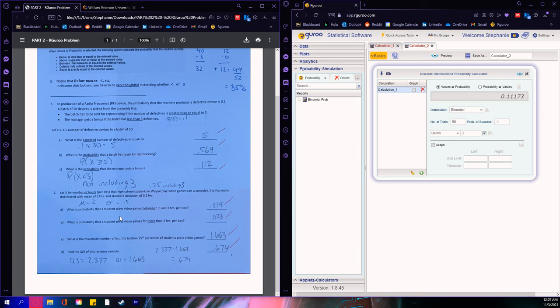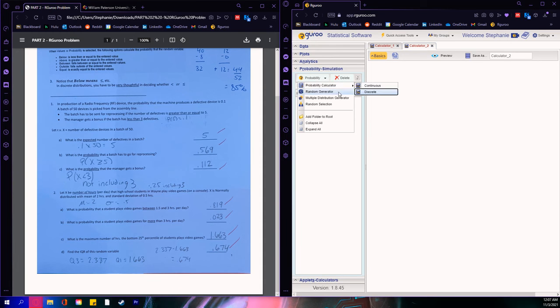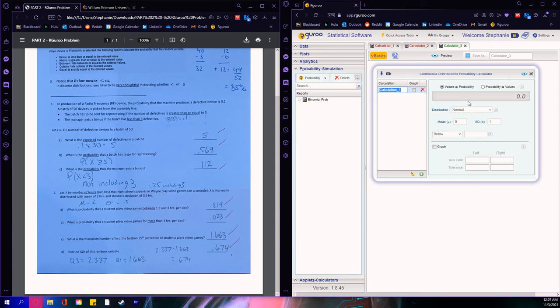And then for number 2, this one is going to be continuous because there are decimals and no trials. So I'm going to open continuous, and it's normal because it says normally distributed.